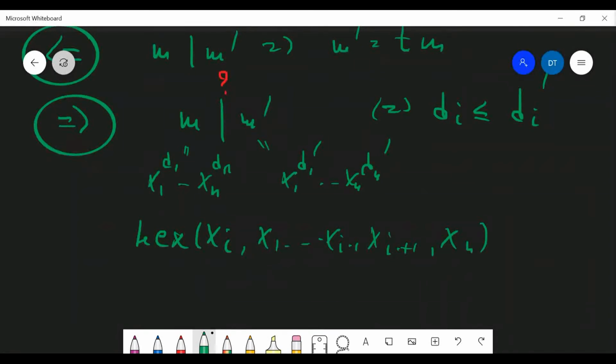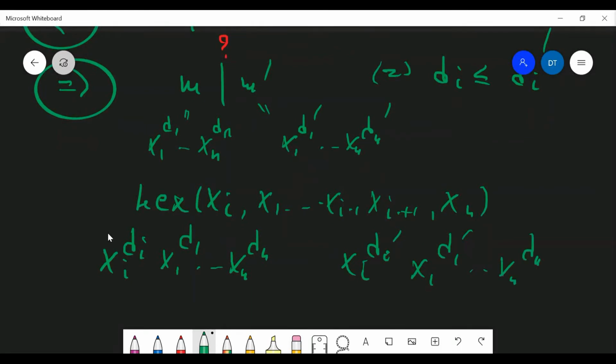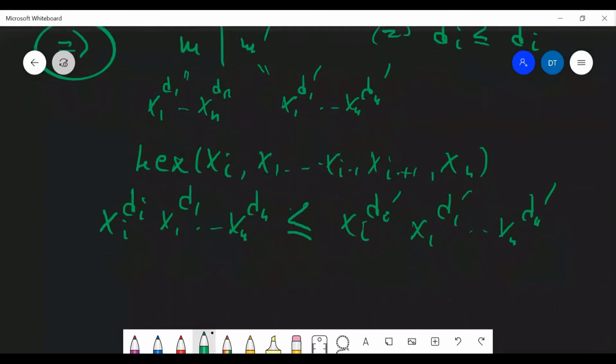Take this lexicographical order. Then, if you want to compare these two monomials, you should rewrite them in this form. So this is what you're given, that for any lexicographical ordering, you have this comparison. Then what does it mean?